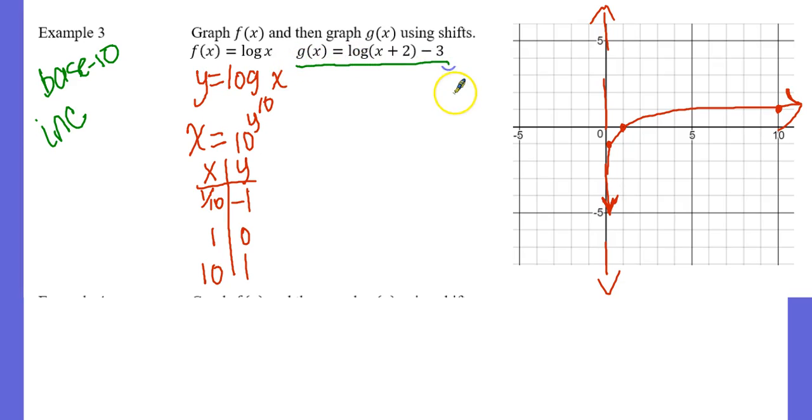Now I'm going to shift to my green pen, and I'm going to look at my shifts. So my horizontal shift is left 2, and my vertical shift is down 3. So the first thing I'm going to do is push my vertical asymptote left 2. Oh, I got to label that. x equals -2.